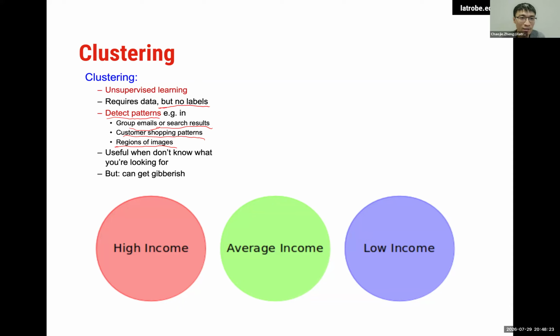But for this clustering task, most of the time we don't know what we are looking for. We just want the clustering method to process the data and generate some meaningful subgroups based on some underlying pattern, and then we analyze them at a later stage.